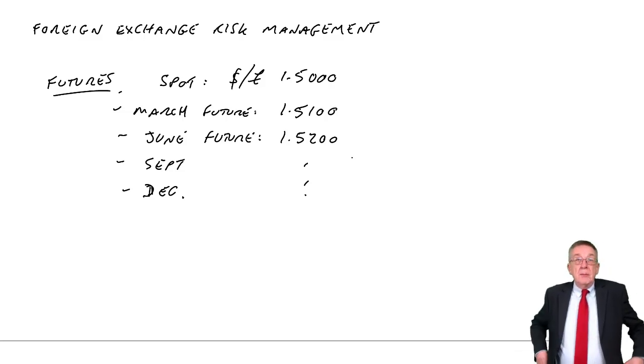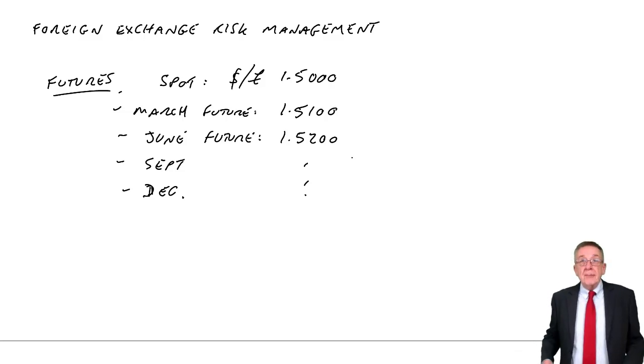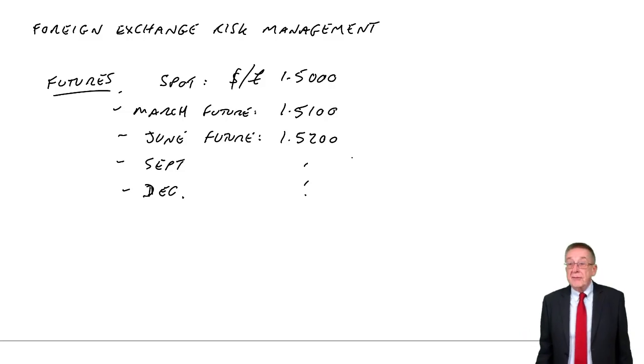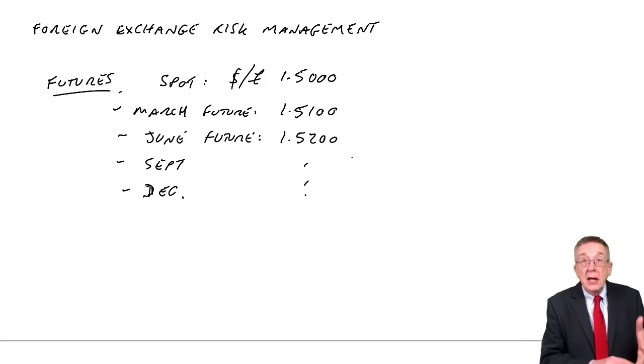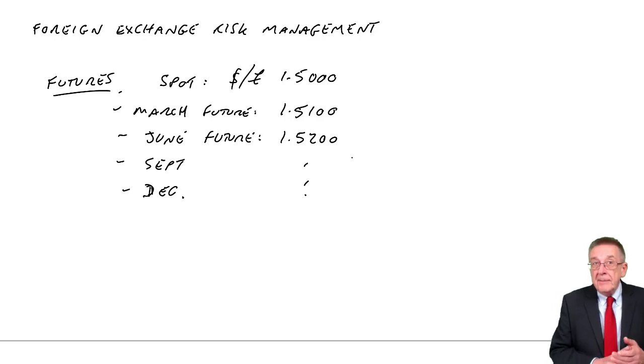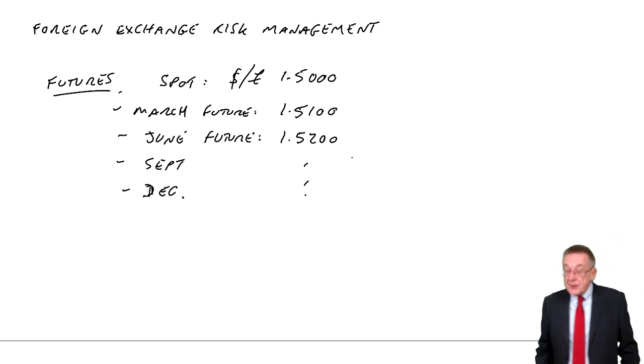Clearly, it may now be January. I may be wanting to convert money at the end of February. But these rates they're quoting will only apply, again, to converting at the end of March, June, September, and December. And so in practice, few people use futures in that way.